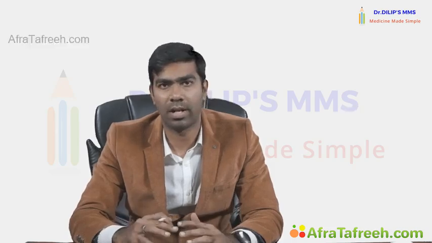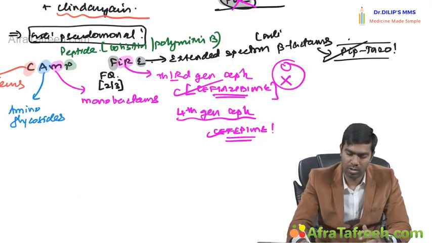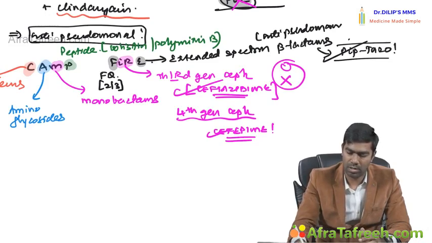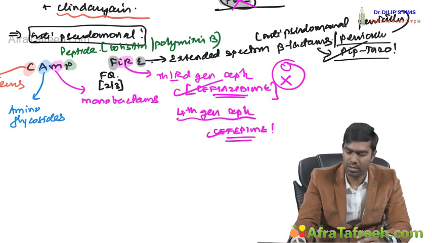Not beta-lactamases, sorry for that, in the flow I wrote that. It's a beta-lactam, extended spectrum beta-lactams. Again, remember, this is also referred to as anti-pseudomonal beta-lactams or anti-pseudomonal penicillins, or extended spectrum penicillins.